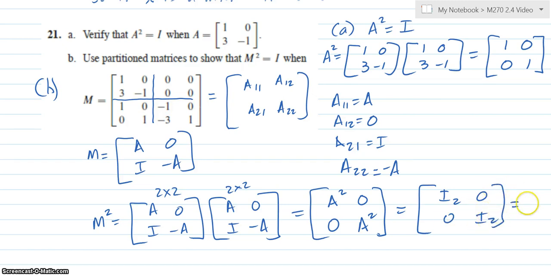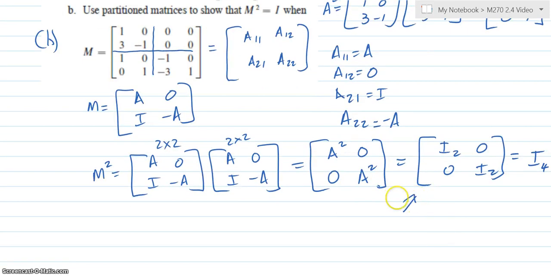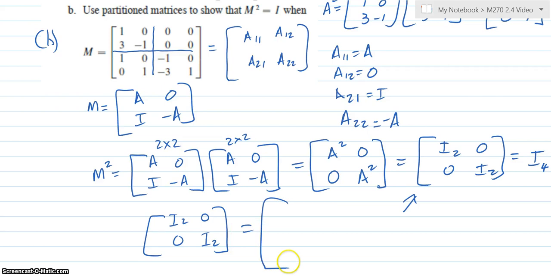Which is an identity matrix with partitions. So identity matrix, again, we've talked about that. I don't know what the size is. Actually, I do. It's because we know what this is. It's going to end up being I4. Makes sense, this 2 here. What does this mean? I2, 0, 0 is actually 1s, and then this is 1s.